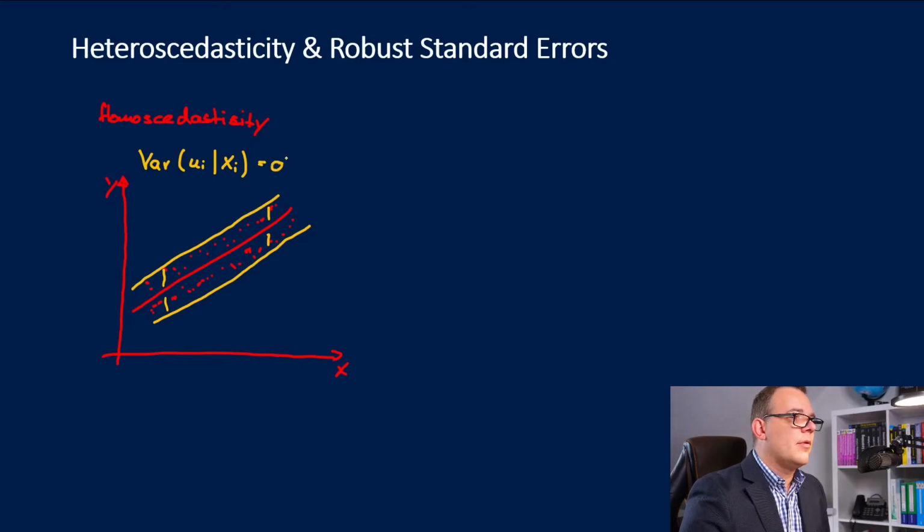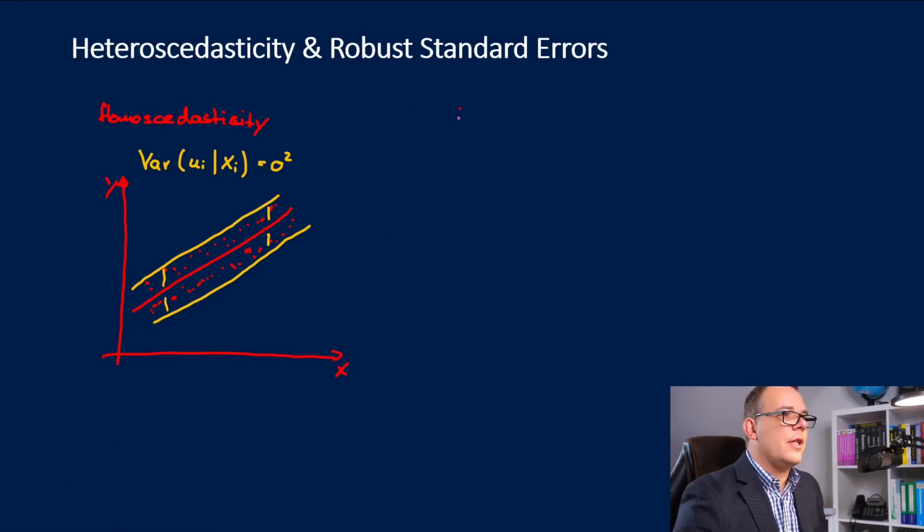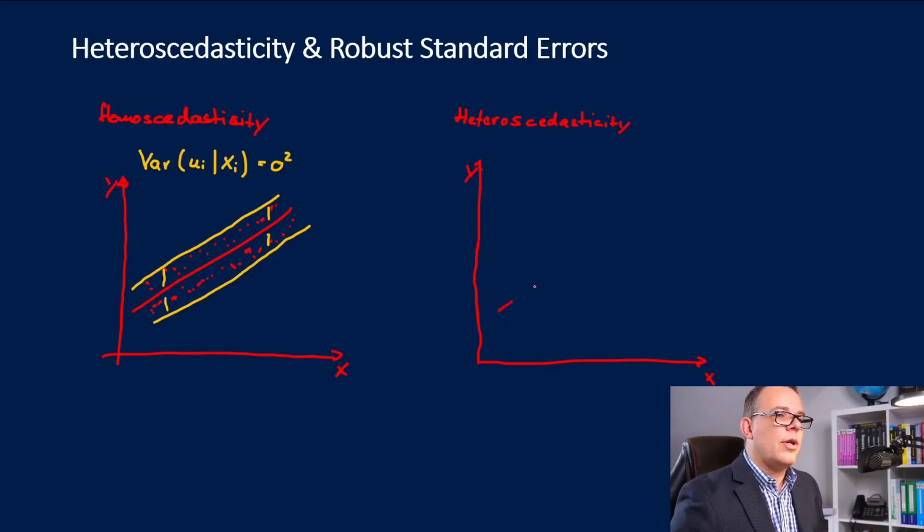It is the variance. If we now look at heteroscedasticity, let's show it here. Again, we need the same graph. Of course, we have the x, we have the epsilon, we have our regression line, but now we have observations that look like this, a trumpet-like form.